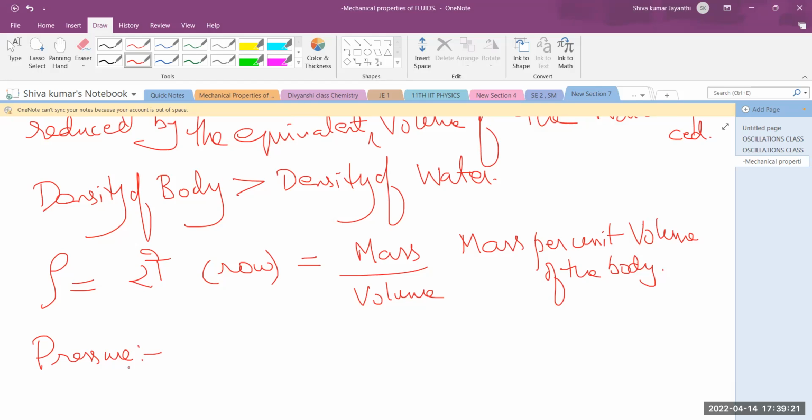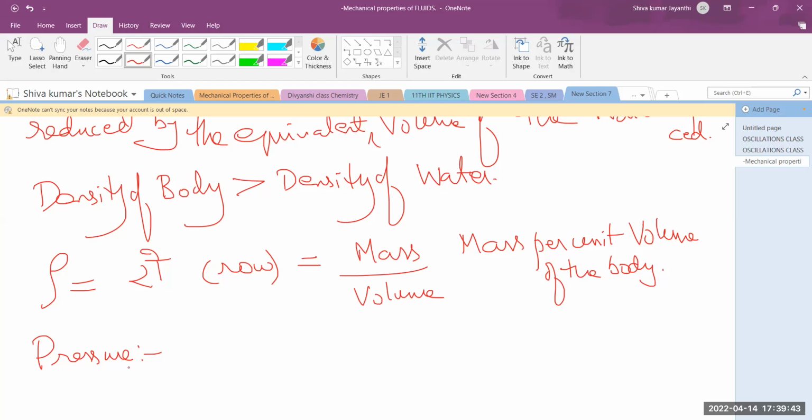In a swimming pool, if you dip a little deeper, you feel like your head is put in between two nuts and bolts and they are tightened up. That is because of pressure. Your body is experiencing a pressure.